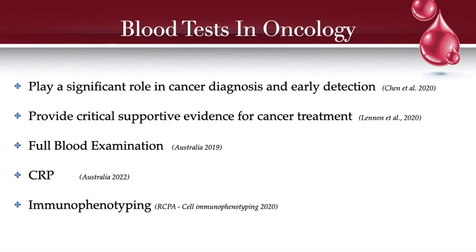The test is used to look at the numbers, types, and the sizes of different cells in the body, such as hemoglobin, white cells, platelets, neutrophils, lymphocytes, and etc. Another blood test we are familiar with here is CRP test, which refers to C-reactive protein. CRP test indicates inflammation or infection in the body.